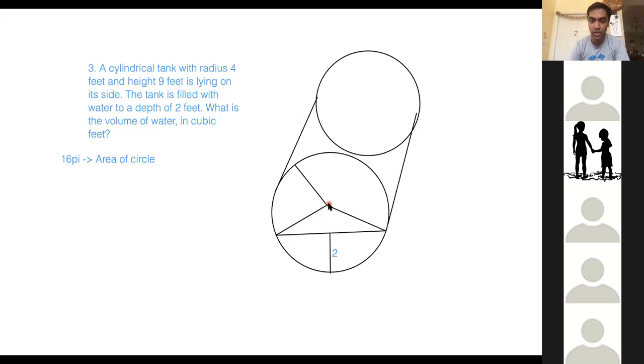And what about the height of this triangle? 2. Good. Okay, let's draw that in. So I'll draw in the height here. This is 4. This is 4. This is 2.